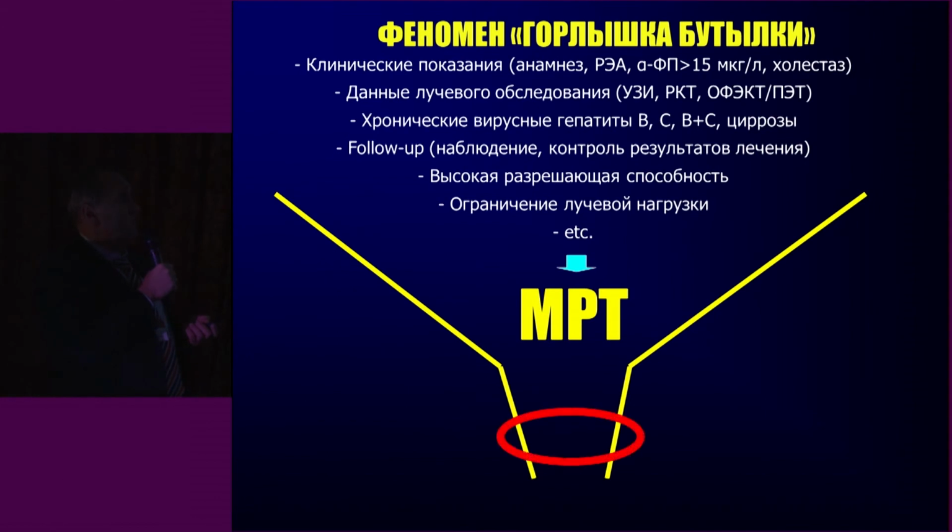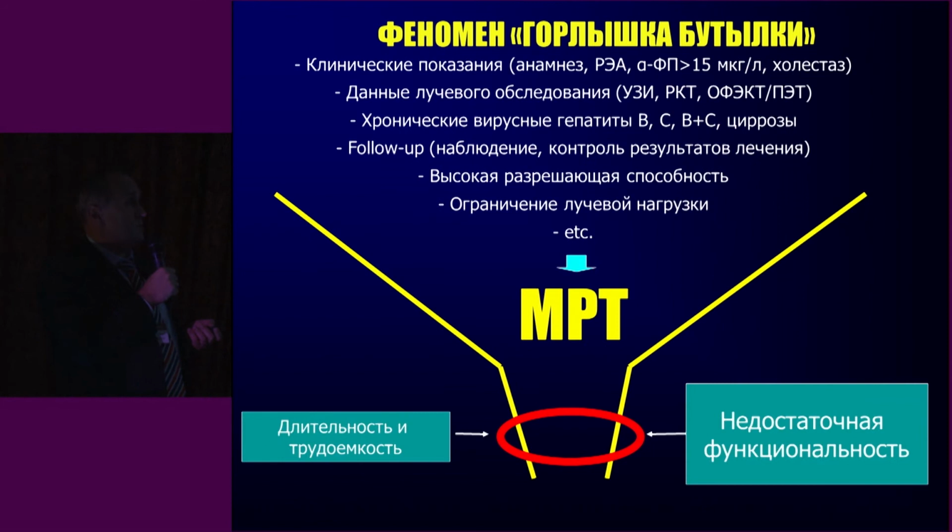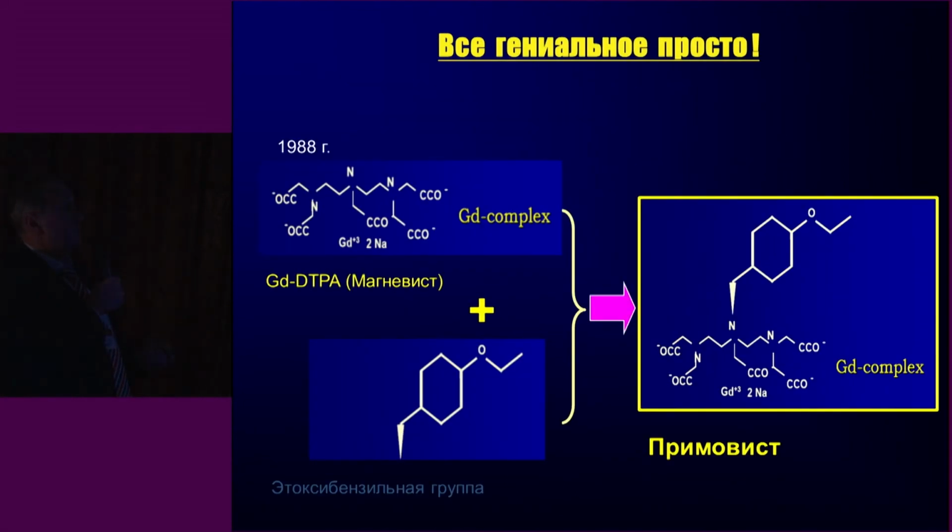And Primavist, I already mentioned it. That's the agent which in a unique way improves the functionality of the method, and because it's very simple and easy, as I mentioned yesterday, you could neutralize those negative sides.